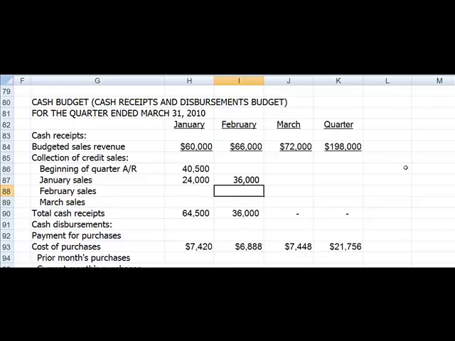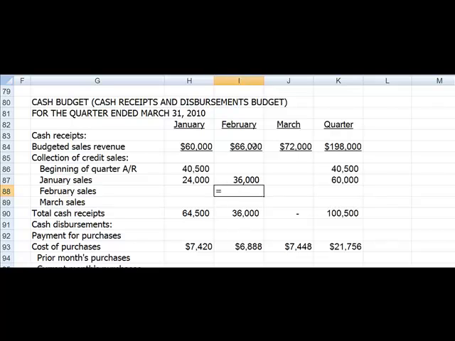So when we go across, for the quarter, we will have collected all of our beginning. And then when I total my January sales across, you'll notice that 60,000 equals the total sales for January. And that means that we've collected everything for January. Now in February we collected 60% of January, but we're also going to collect 40% of February.